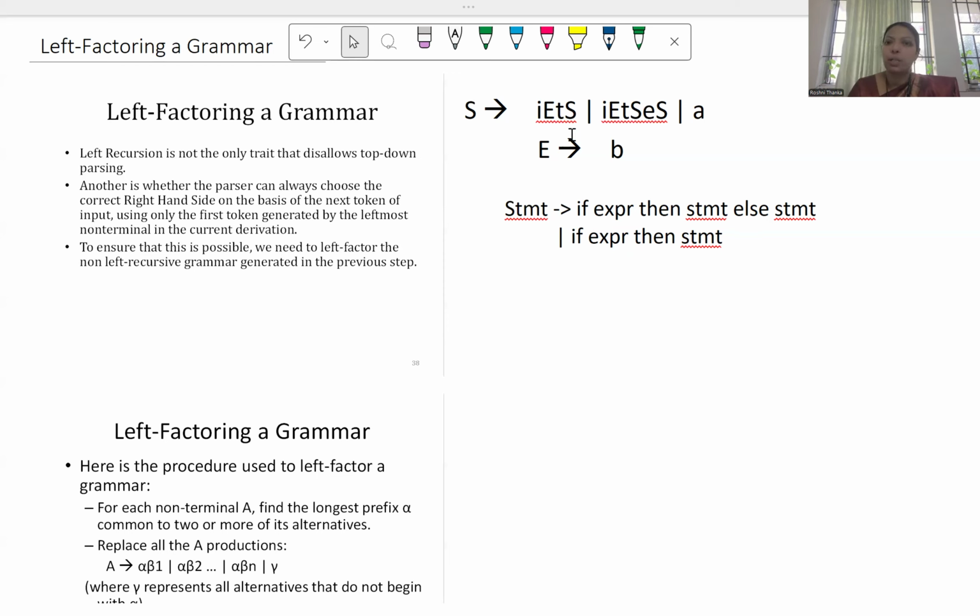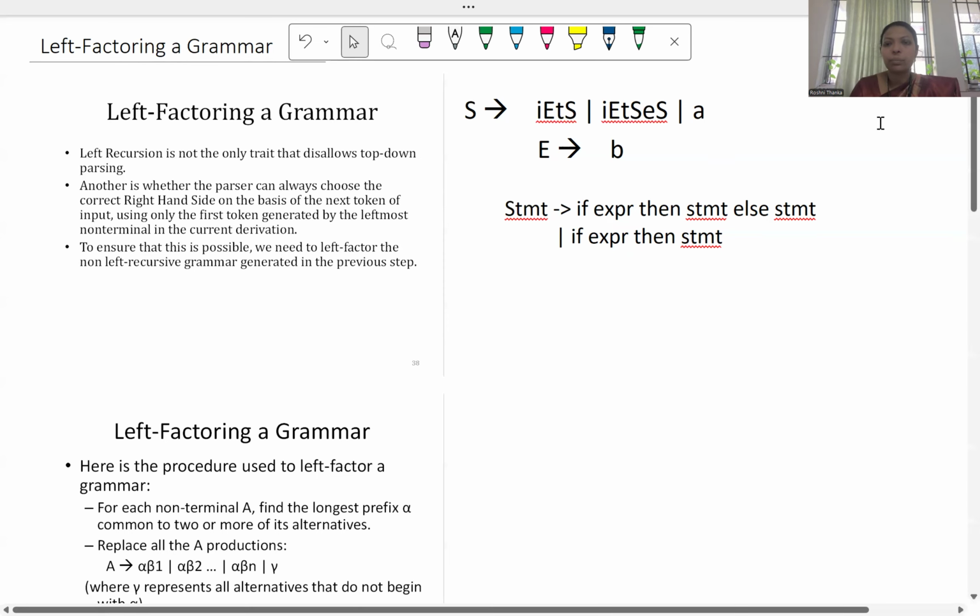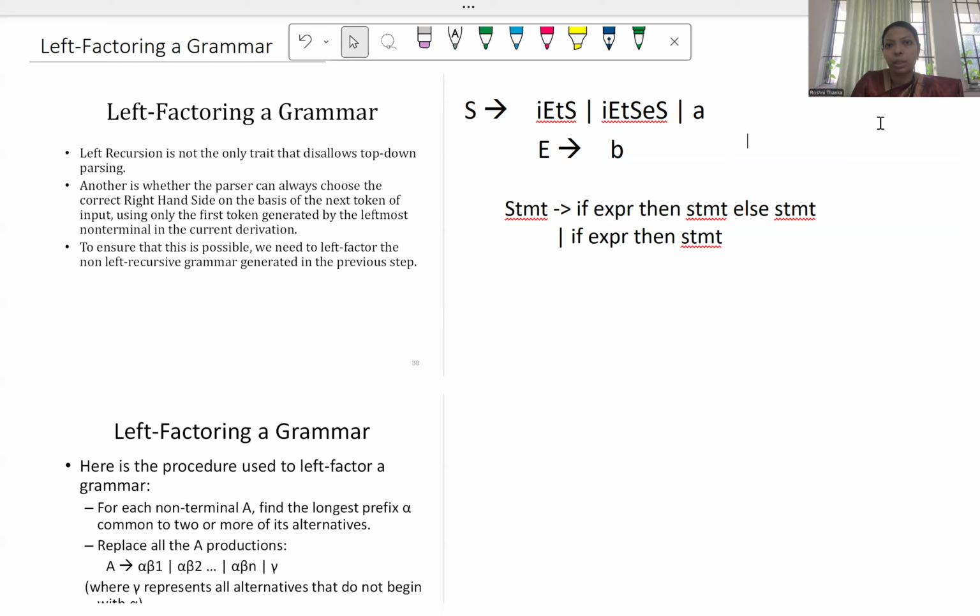If you look at this production, this is another context-free grammar. Here is one production of S, and this is another production of S. It is starting with iEtS, and here it is also starting with iEtS.